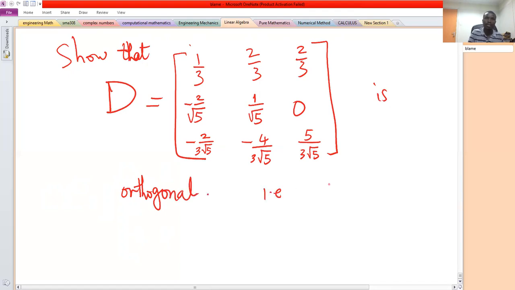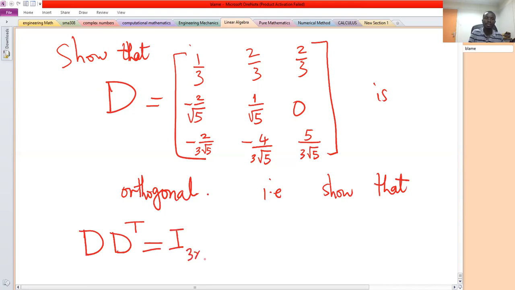I.e., just show that if you take that matrix D and define its transpose, and get the product, you get an identity matrix of order 3 by 3, because these are 3 by 3 matrices.